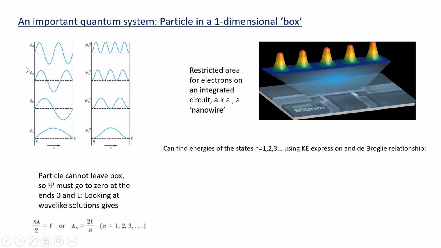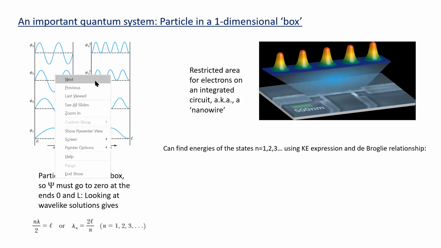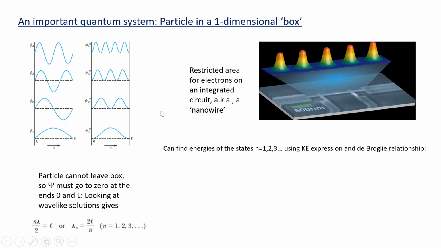So given these wave functions, we can actually find the energies of the states 1, 2, and 3 using our knowledge of kinetic energy and the de Broglie relationship, which we learned several classes ago. So how does that work? Well, you remember that the energy here is kinetic energy.